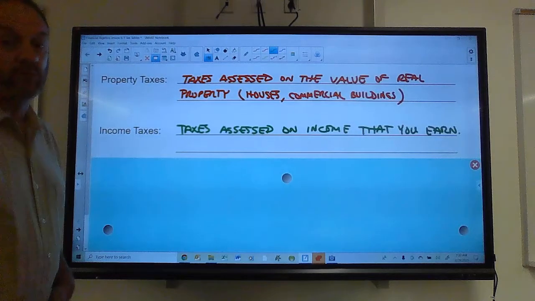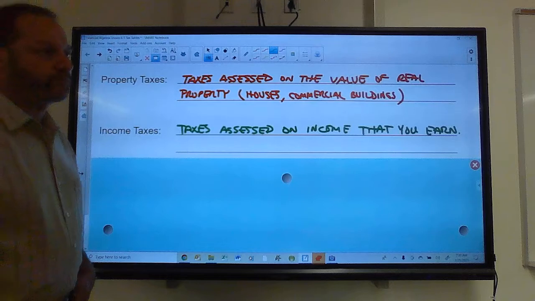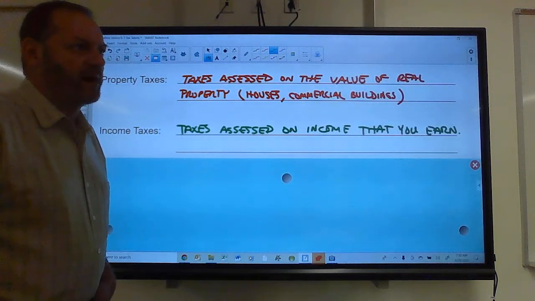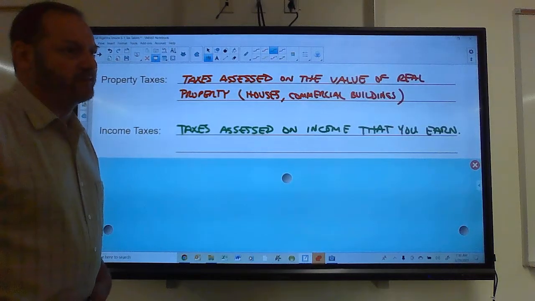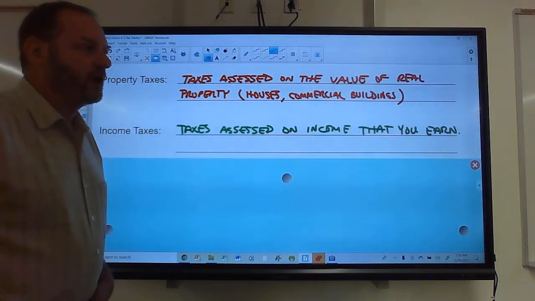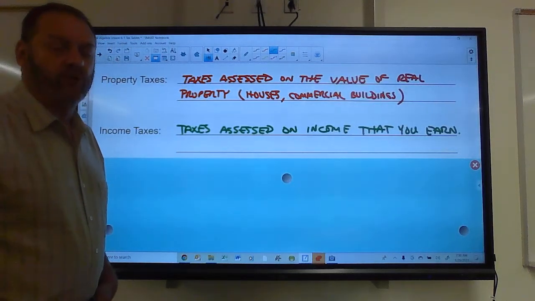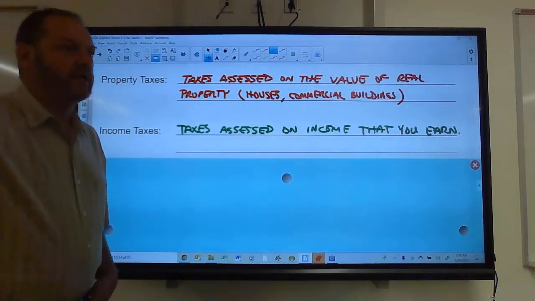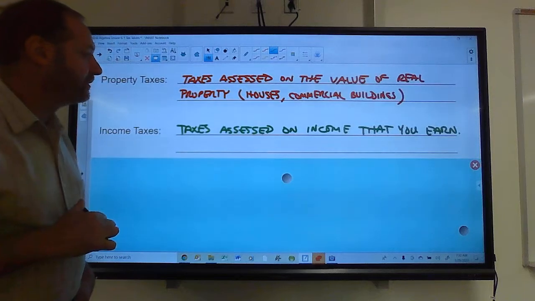So the more money you make, the more taxes you pay. Generally, people in the bottom 50% of income tend to pay no taxes. People in the top 1% pay about 40% of the taxes. Okay, so the more income you make, the more your income is taxed.